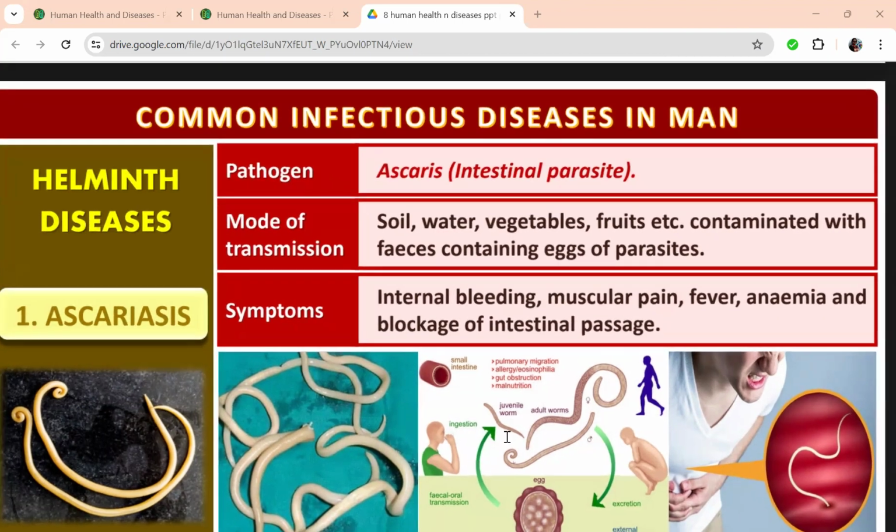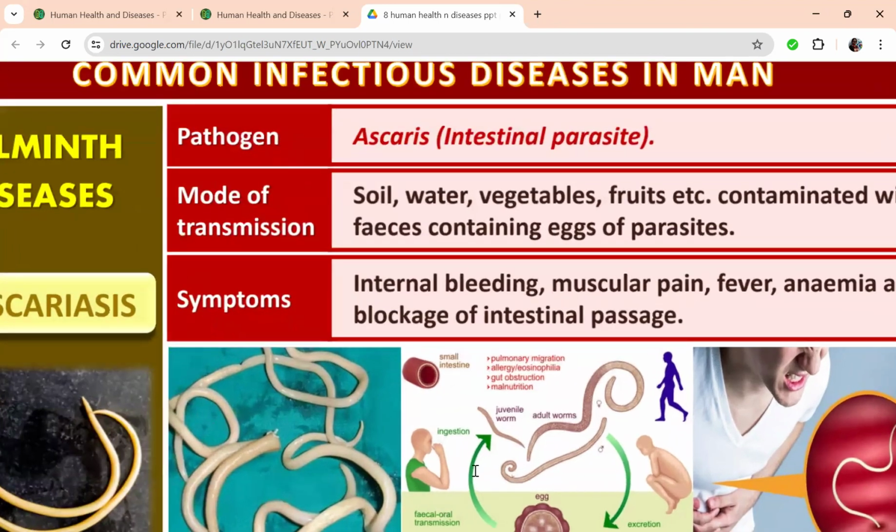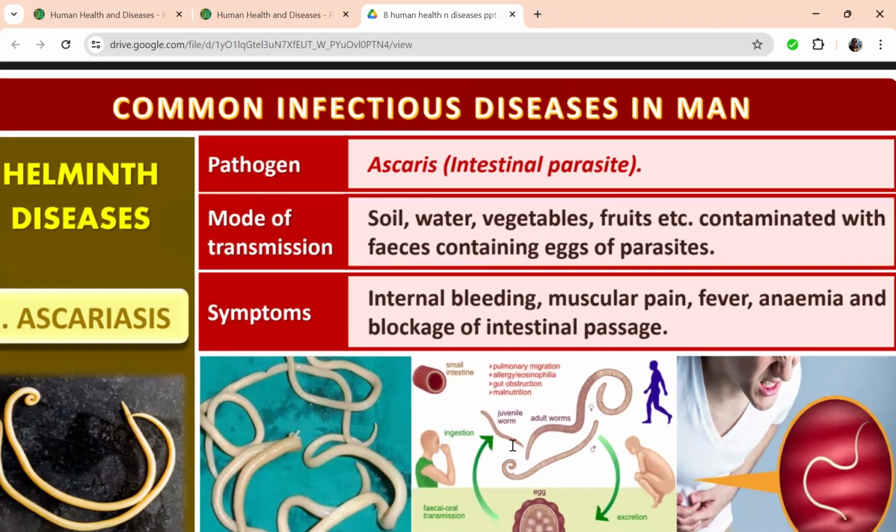So if you see, we have the small intestine, and what is happening inside the small intestine? We are eating the food, and there might be a small worm there. These worms will grow up and form the adult worms, from the eggs that you might have taken in.